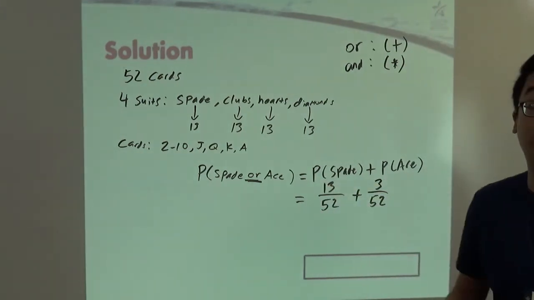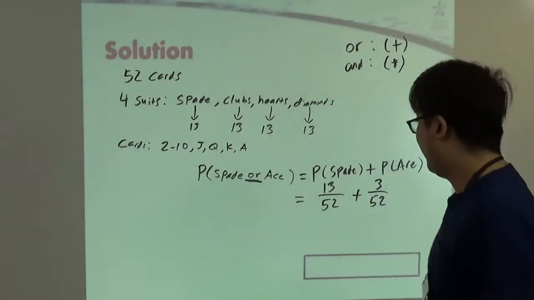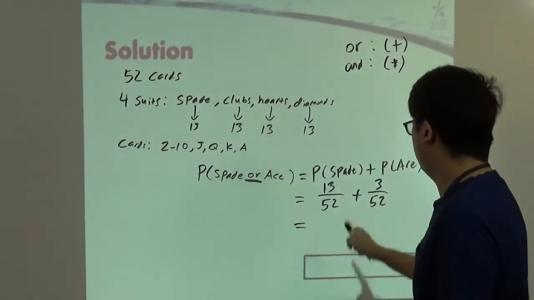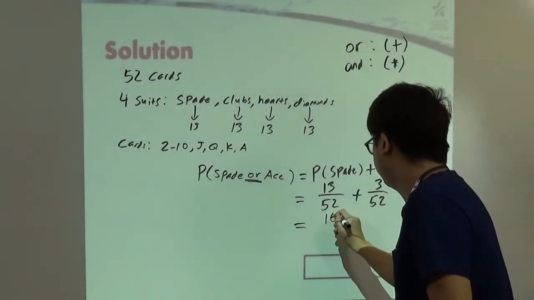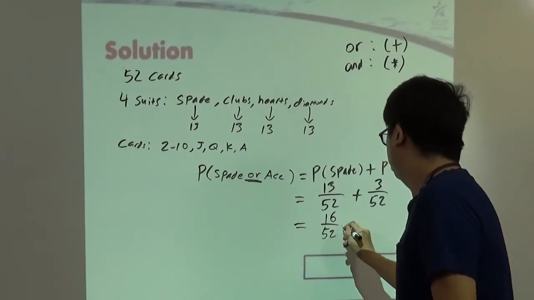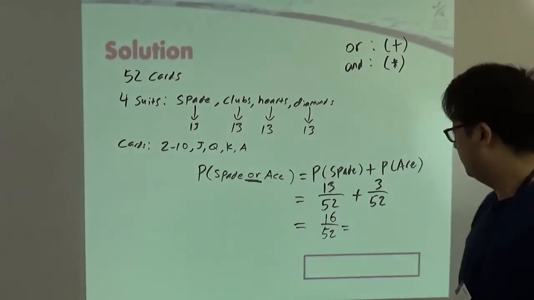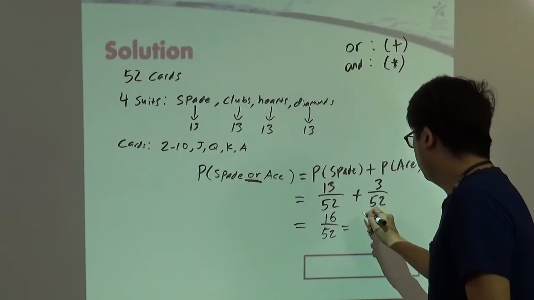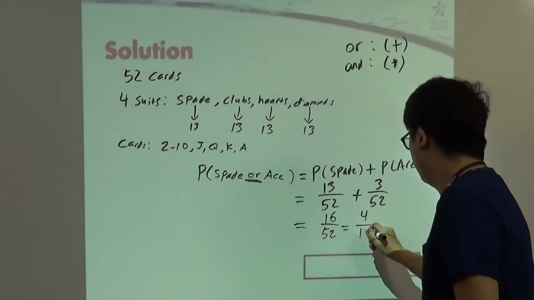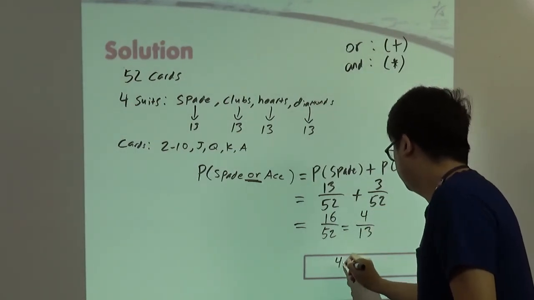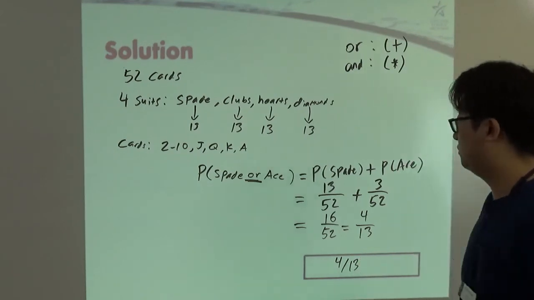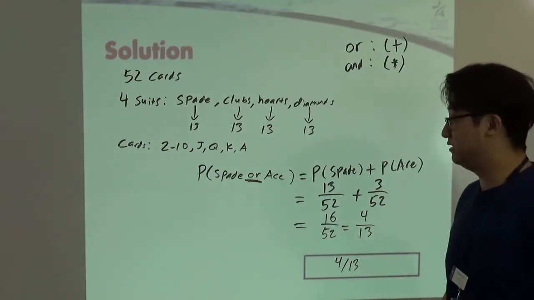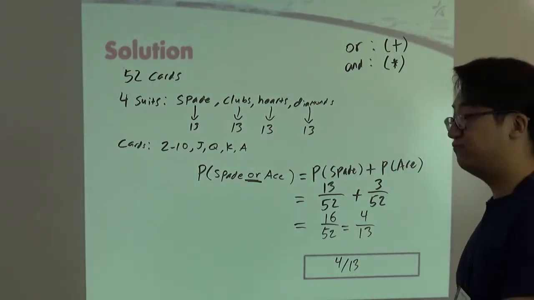From there, because our denominators are the same, we can just add them. 13 plus 3 gives us 16 over 52, which can be reduced. They're both divisible by 4, so if I divide by 4, I get 4 over 13. So my chances of winning the game, if I get a spade or an ace, is 4 out of 13.